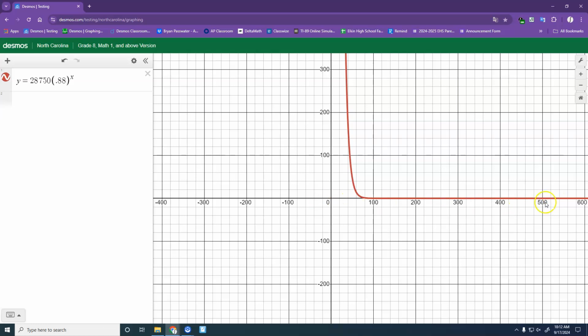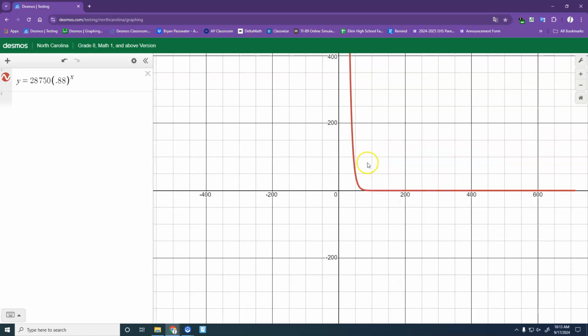Do I need to know how much this car is going to be worth in 500 years? 100 is a ridiculous amount of time to look at this equation for, right? Even if you buy a brand new car, if you get 30 years out of it, that would be remarkable, right? Your mechanic skills are high if you've got 30 years out of a car.